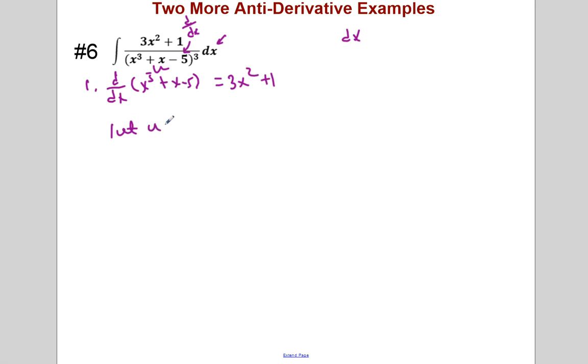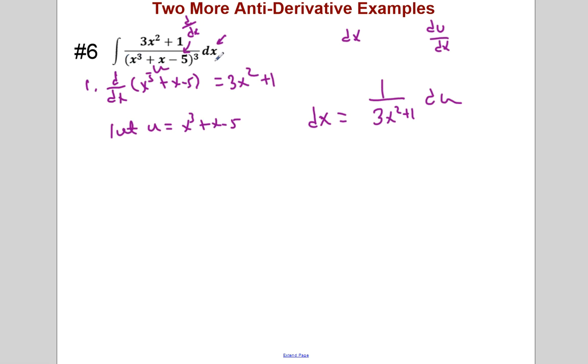So I'm going to let u equal x to the third plus x minus 5. And I'm going to let dx equal, and I've already taken a couple of shortcuts here, 1 over, and I'll explain it, 3x squared plus 1 du. Because when I take du over dx of this, and I multiply by dx, divide by 3x squared plus 1, because this is my u.